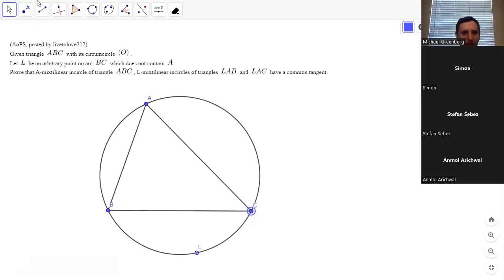And then we want to draw the L mixtilinear incircles, and then the A mixtilinear incircle of ABC.